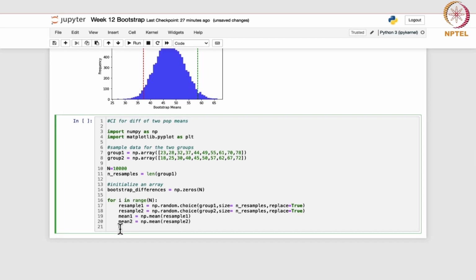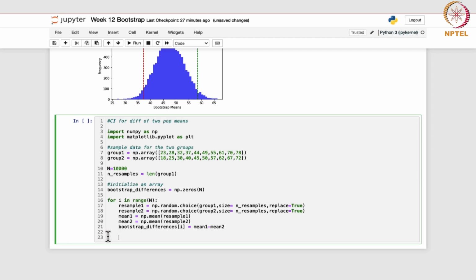So sample mean 1 minus sample mean 2. So you would write bootstrap differences, mean 1 minus mean 2. So the means of these resample data sets which we have obtained over here, their corresponding differences will be taken for each bootstrap sample, and it will be stored in this array that we have initialized.